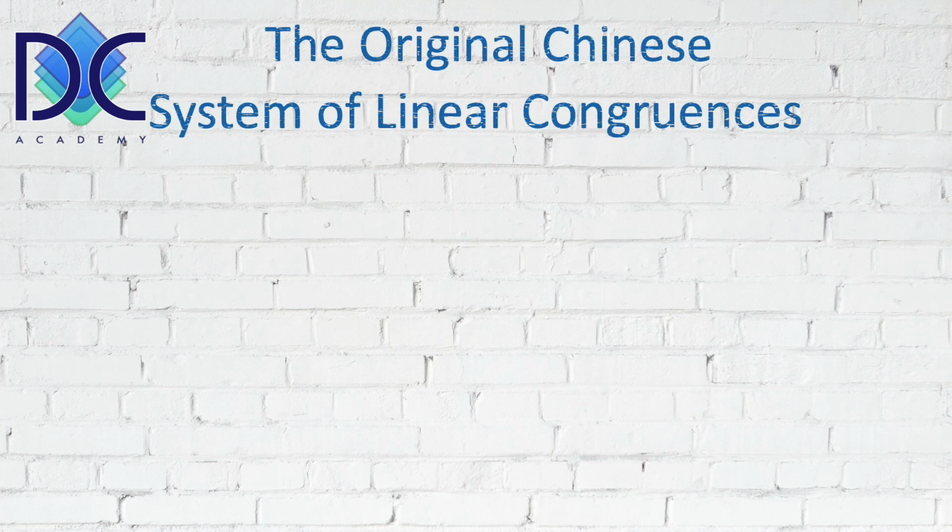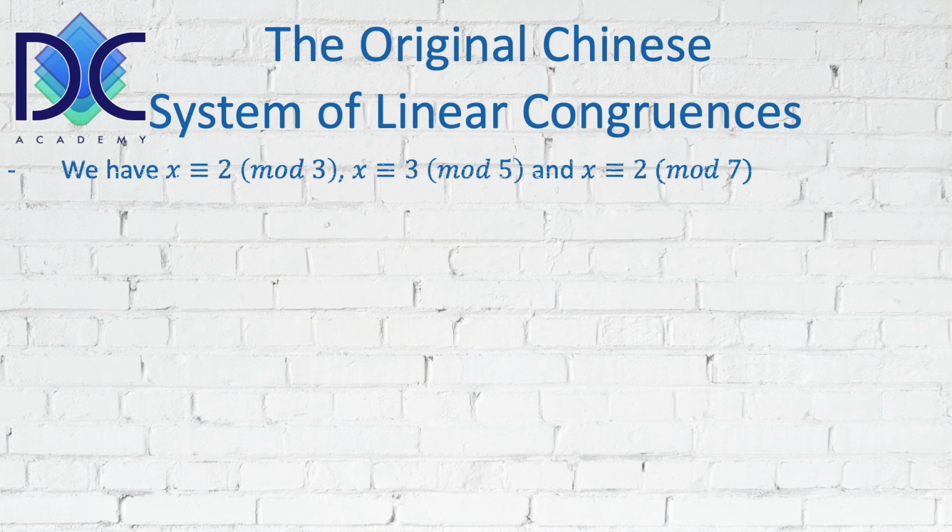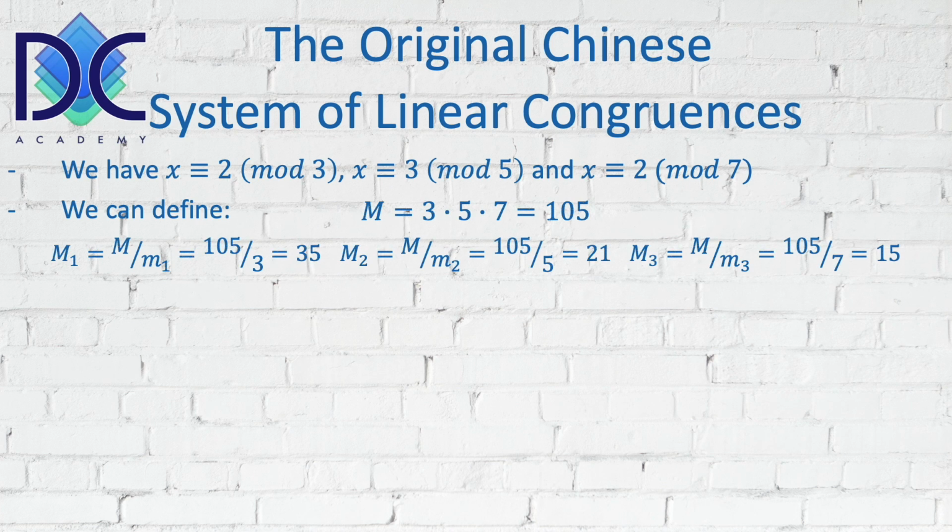Let's have a look at the original Chinese system of linear congruences. We have x is congruent with 2 modulus 3, x is congruent with 3 modulus 5, and x is congruent with 2 modulus 7. When we look at those elements, we can define capital M, which in this case is 3 times 5 times 7, which is 105.